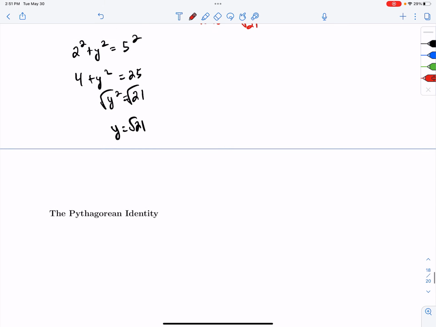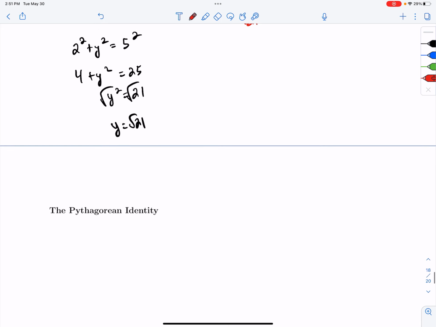Okay, and then the last identity in this section is the Pythagorean identity. The Pythagorean identity is an identity we'll use quite often. And as the name implies, it has something to do with the Pythagorean theorem. So suppose I have this angle down here.